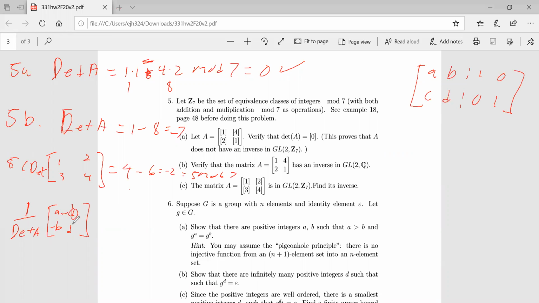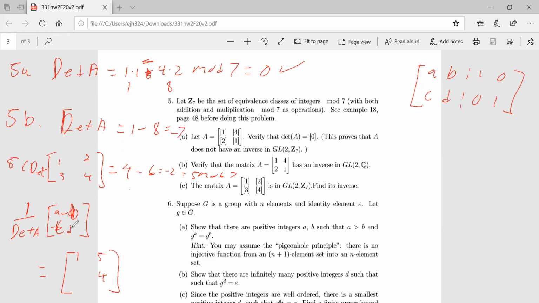Okay, so this is -B, this is -C. Yes. So what is -2 mod 7? 5. Yeah, so we get 5. And then we keep 1 and 4, right?